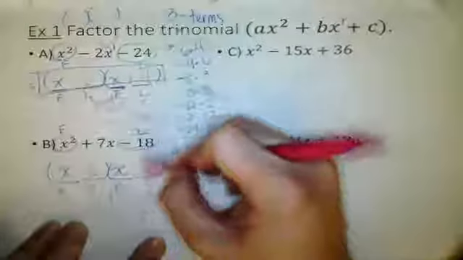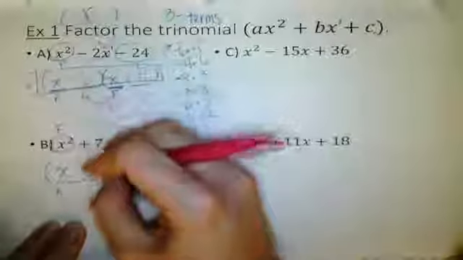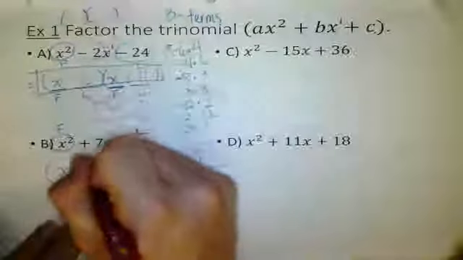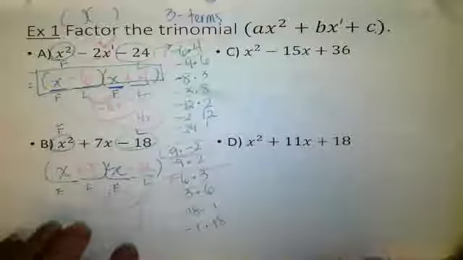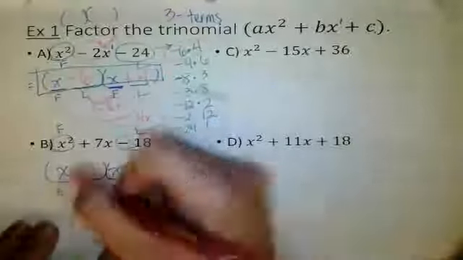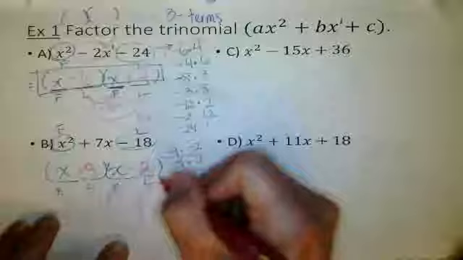9 and negative 2. All right, let's try 9 and negative 2. It is a guess and check method, but hopefully you're really good at multiplying, and this won't be quite so hard. Positive 9 and negative 2. So I'm going to double check the rainbow here.